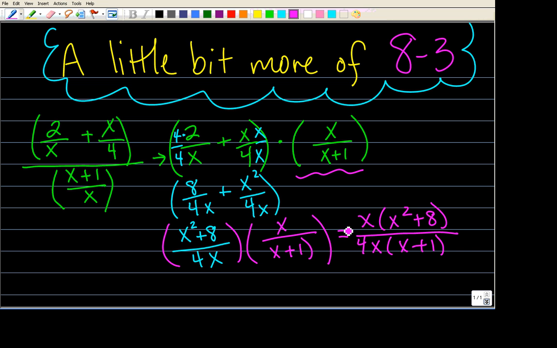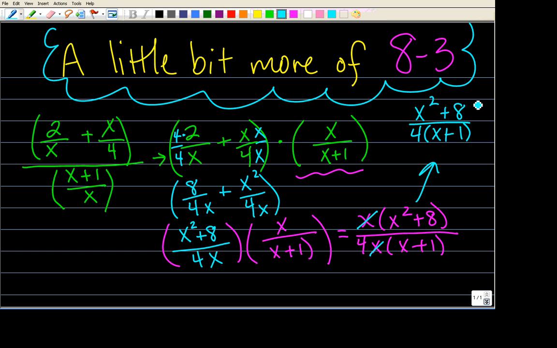The reason I wanted to rewrite it this way is that we've got that x on the top and the x on the bottom, and they cancel. So we'll be left with x squared plus 8 over 4 times x plus 1.